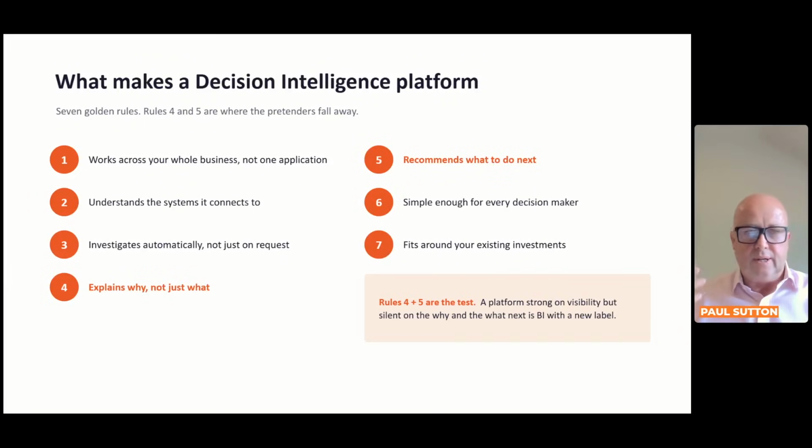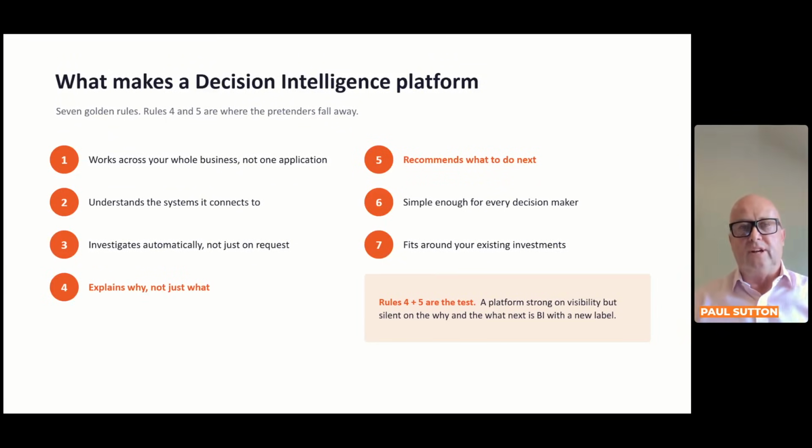Anybody who's tried to build a data warehousing project around JD Edwards data will have understood the challenges in doing all that, or any poor Power BI developer who tried to develop dashboards over JD Edwards, if they don't understand the idiosyncrasies of the system, would have found it hard. So in our mind, the decision intelligence platform needs to be able to connect to these systems, be they cloud or on-premise or whatever else, and automatically understand how the system has been implemented and the idiosyncrasies of how all this data is joined together.